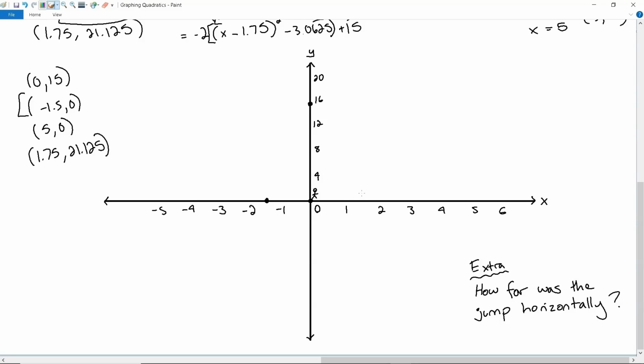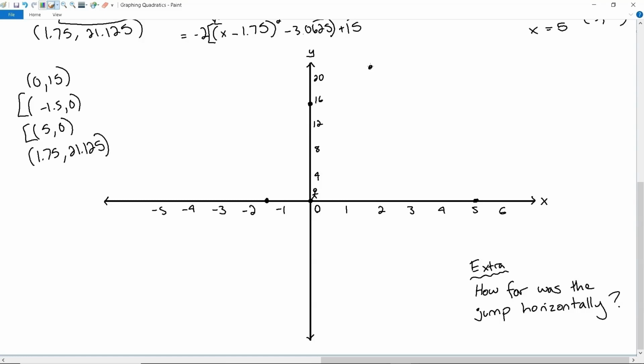Our vertex happens at 1.75, 21.125, which is around there. And then we've got our second 0, which is 5. And once again, we know that quadratics are symmetrical, so our y-intercept here should also show up as a point over here.